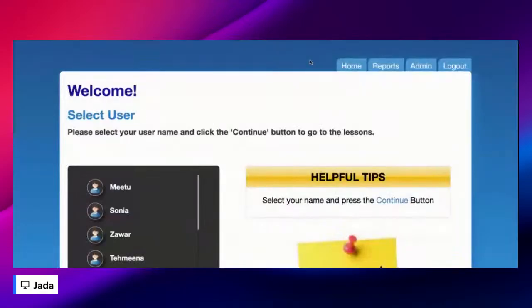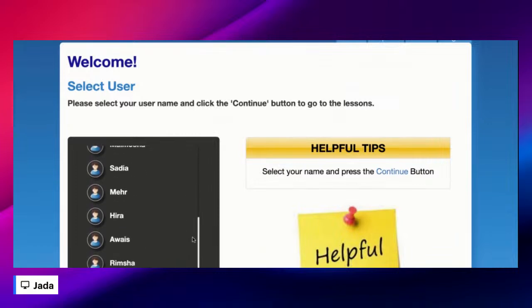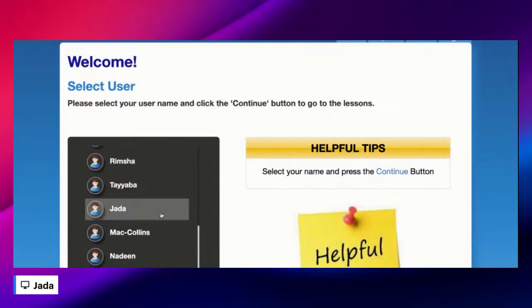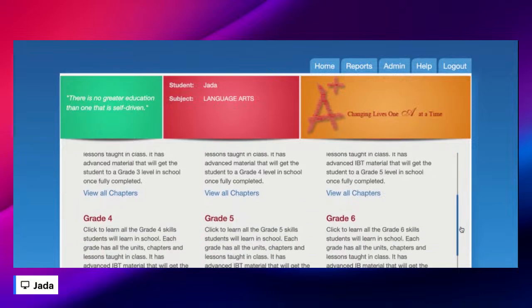As usual, you log in using aplusstudent.com and click on your name, scroll down, go to Language Arts and then Grade 6.